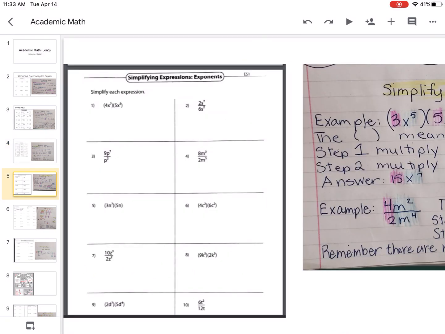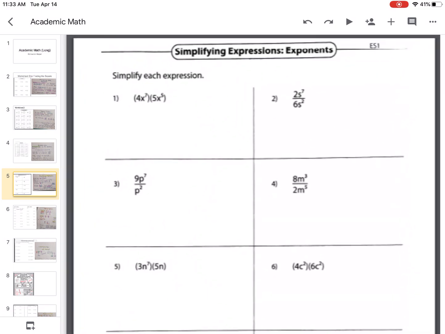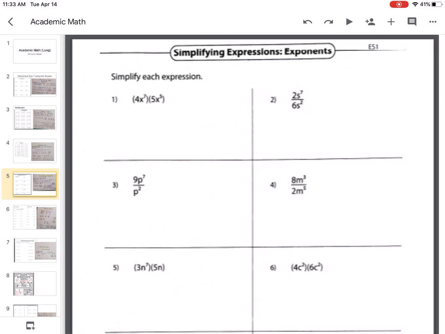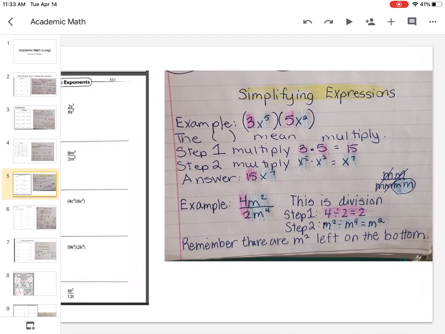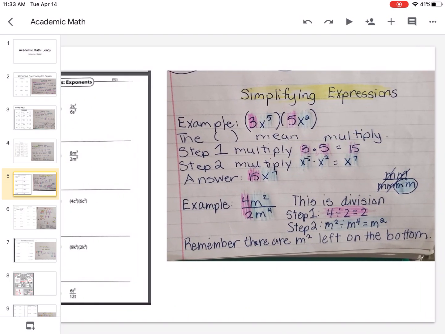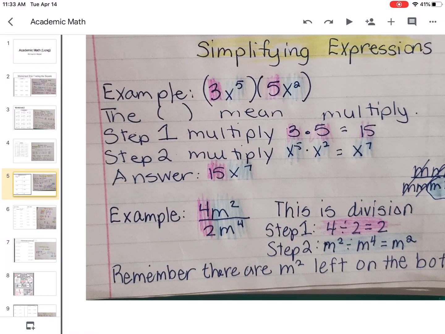Your next worksheet is simplifying expressions with exponents. This one is a little bit more challenging, but I know you can do it. I'm going to walk you through it. So let's do an example. 3x^5 times 5x^2. The parentheses mean multiply.